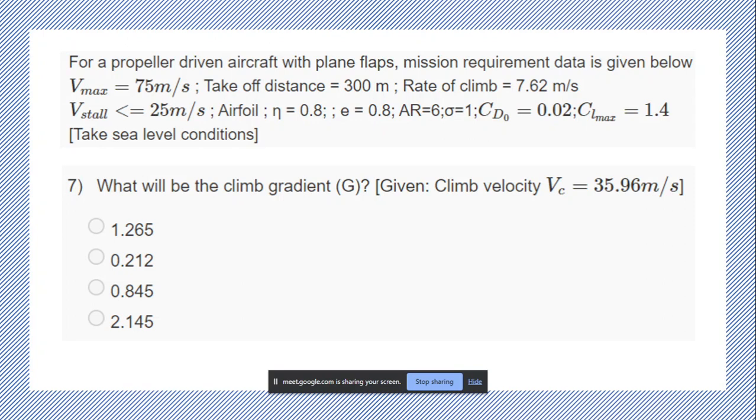What will be the climb gradient G given the climb velocity? What was the equation for climb gradient? We just discussed this. G was nothing but, how did we find out this value?